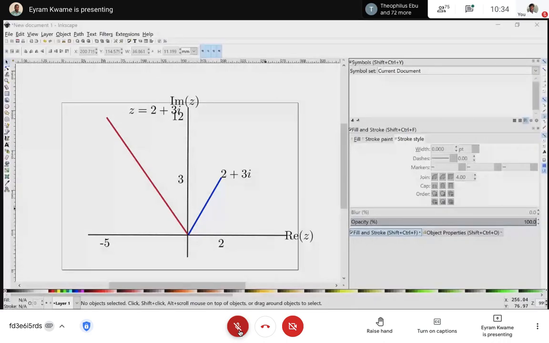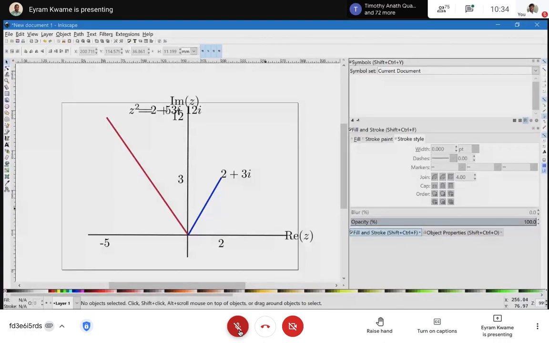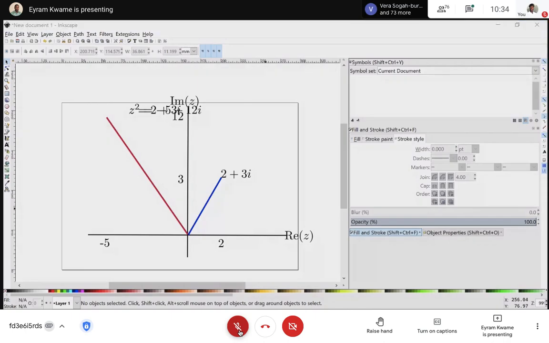Let me see how it pops up. Okay, so I'm going to close this and open another one.